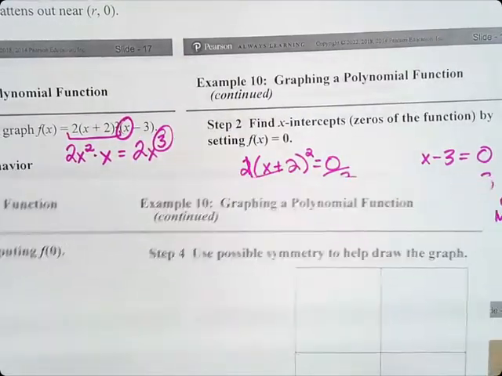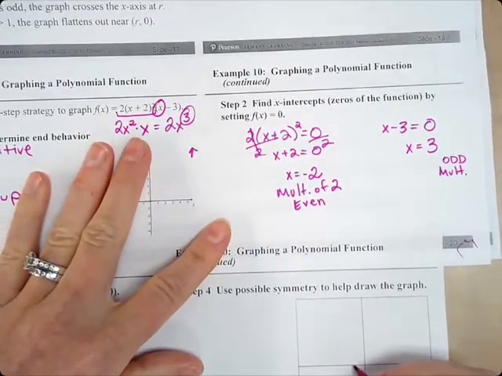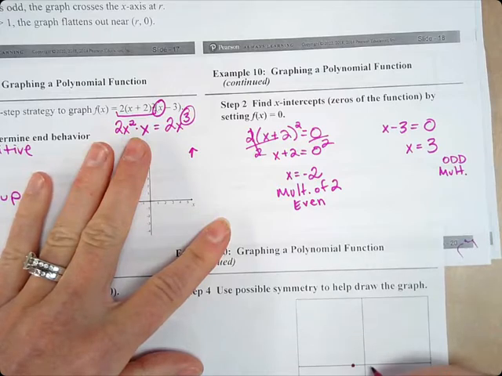So I'm going to go ahead and graph it on step 4. So -2 and positive 3.